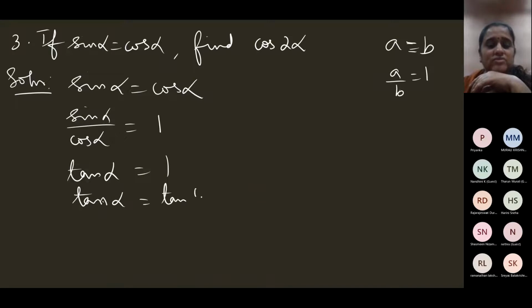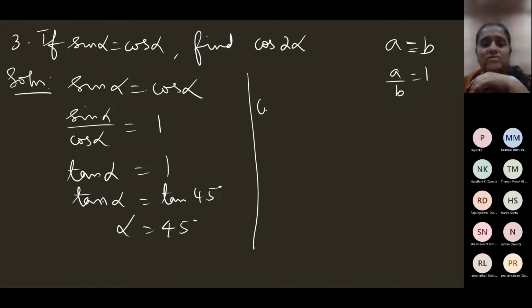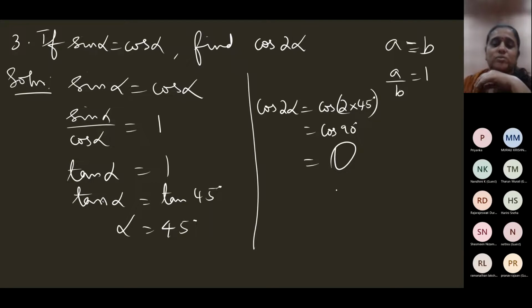On comparing both sides, alpha is equal to 45 degrees. Now we need to find the value of cos 2 alpha. So cos 2 alpha is equal to cos of 2 into 45 degrees, which is cos 90 degrees. And what's the value of cos 90? 0. Yeah, please write it down.